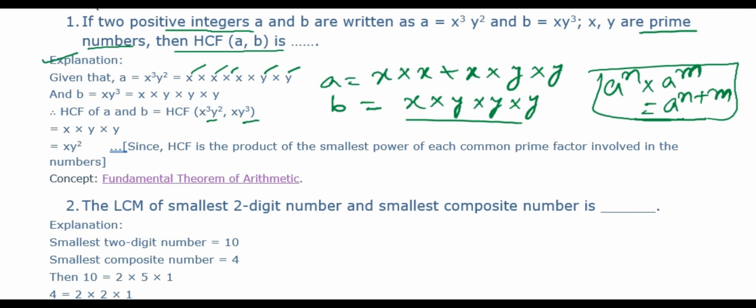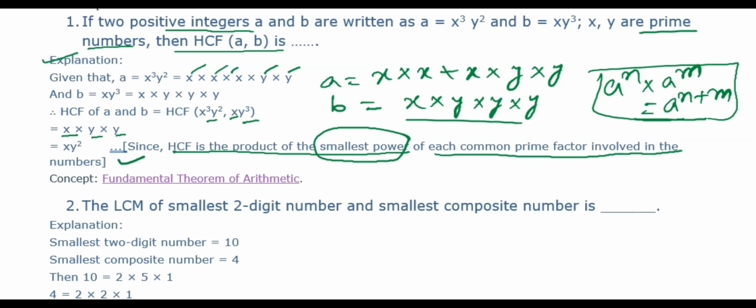We have x power 1, so we take x, and the lower power of y is square, so we take y into y. So what would be the answer? x y square. Why? Since HCF is the product of the smallest power of each common prime factor involved in the numbers. And the concept is the fundamental theorem of arithmetic.